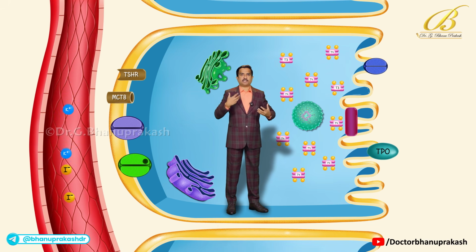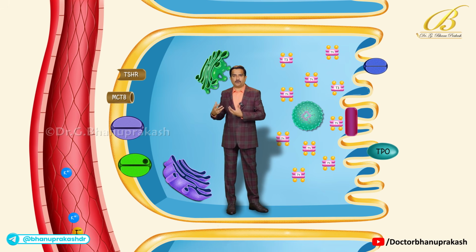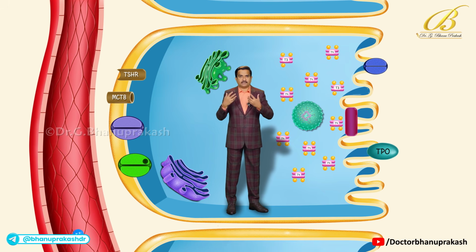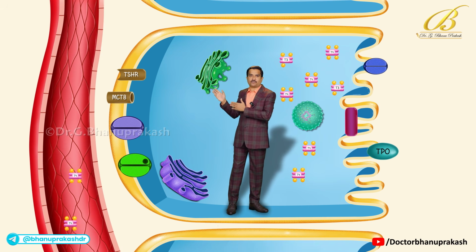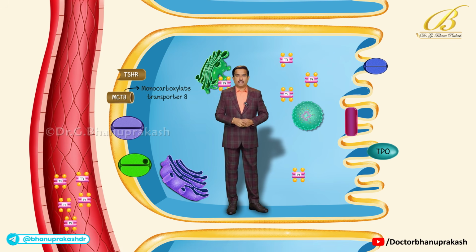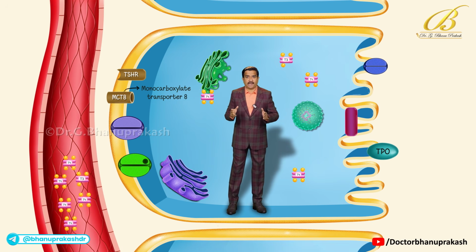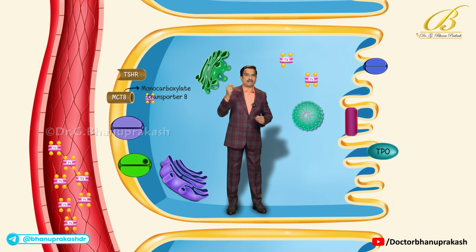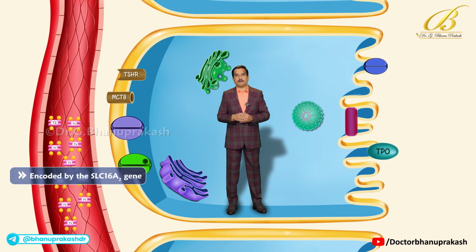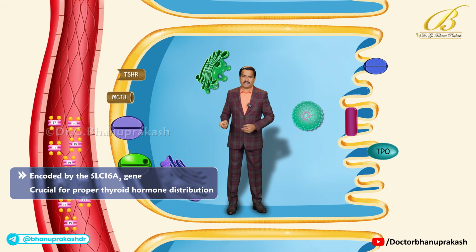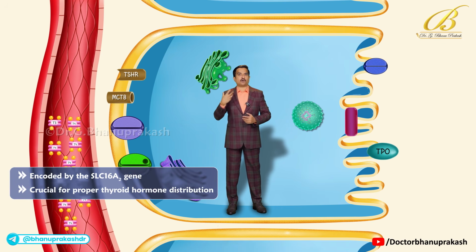The T3, which is approximately 20%, and T4, which is approximately 80%, are then secreted into the bloodstream through the MCT8 transporter, known as monocarboxylase transporter 8. This monocarboxylase transporter 8 is a protein that acts as a transporter for the thyroid hormones, particularly T3 and T4, across the cell membranes, and it is encoded by the SLC16A2 gene, and it is crucial for proper thyroid hormone distribution in the body, especially in the brain.